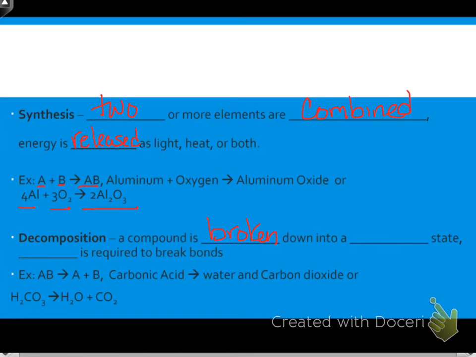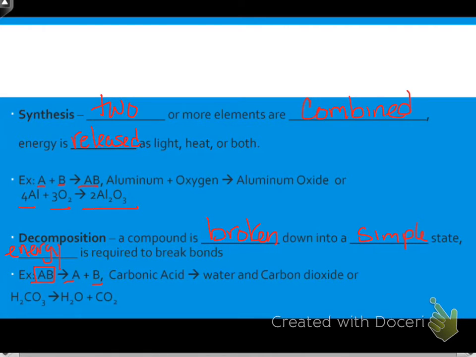The next one we're going to talk about is decomposition. You know what decomposition means. It means to decompose, to break things down. A compound is broken down into a simple state. Energy is required to break these bonds. So AB yields A plus B. Another example would be carbonic acid will yield or produce water and carbon dioxide.